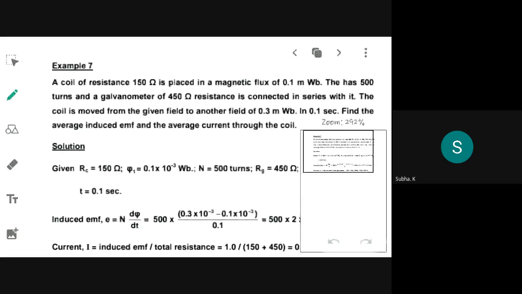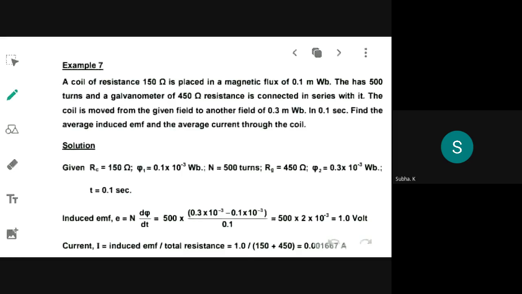Just read the problem statement. What is given in the problem? Resistance of coil equal to 150 ohms.